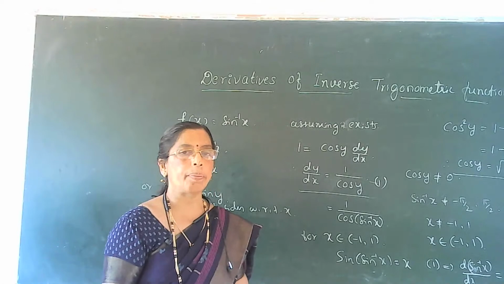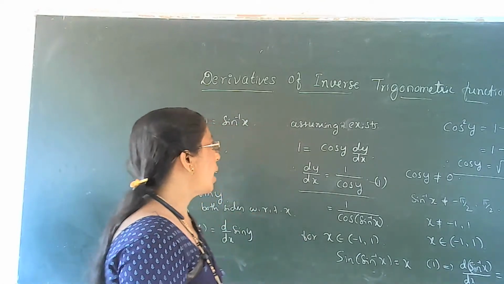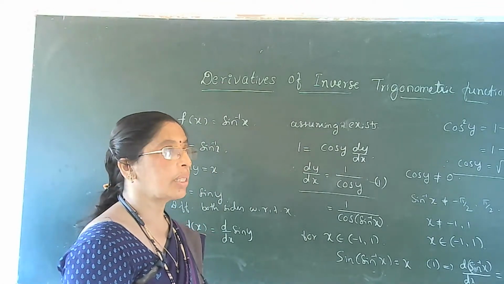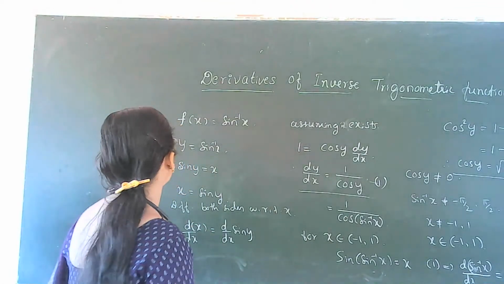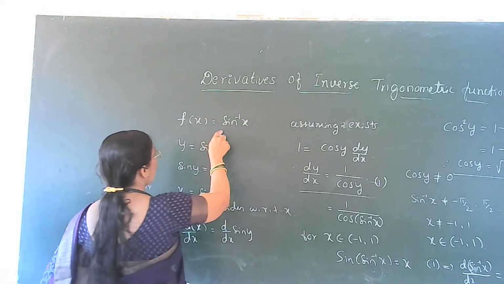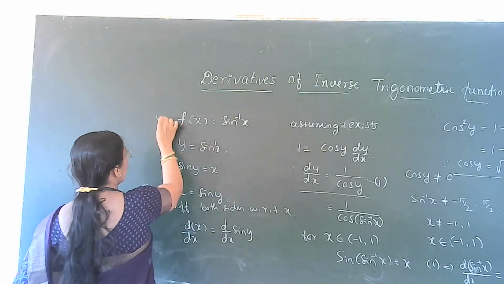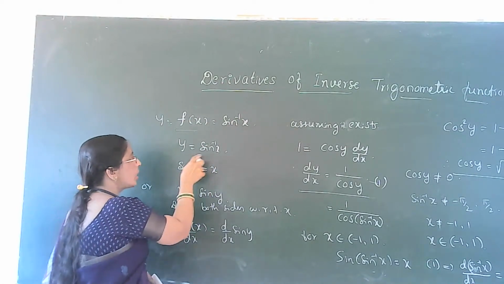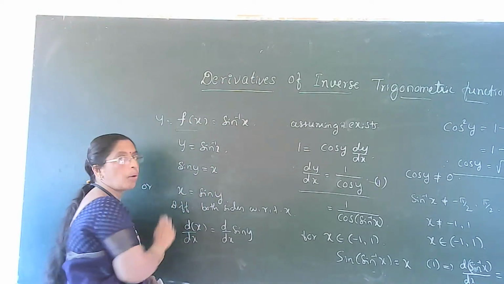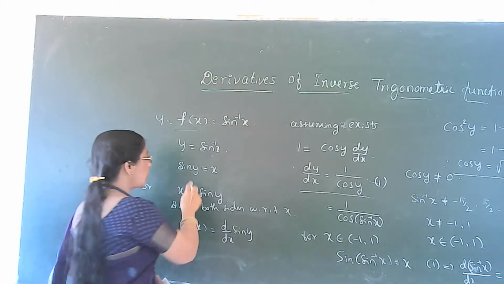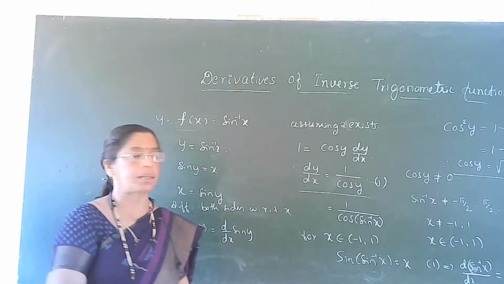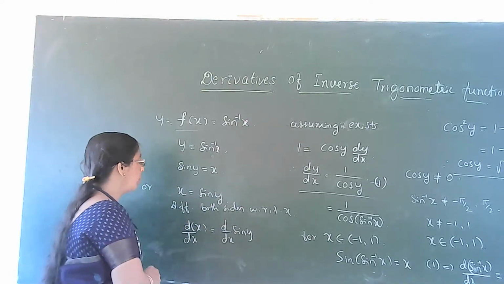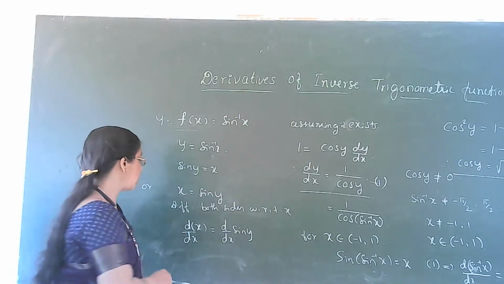In the same way, we can find the other derivatives: cos inverse x, tan inverse x, cosec inverse x and sec inverse x also. Here we take the function y is equal to f of x, which is equal to sin inverse x, then sin y is equal to x. We express this as an implicit function and find the derivative by differentiating both sides.